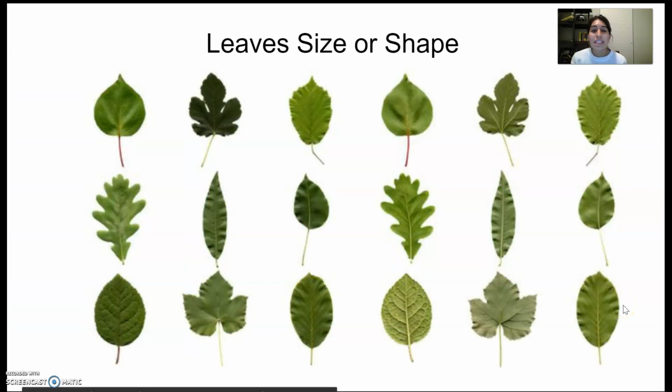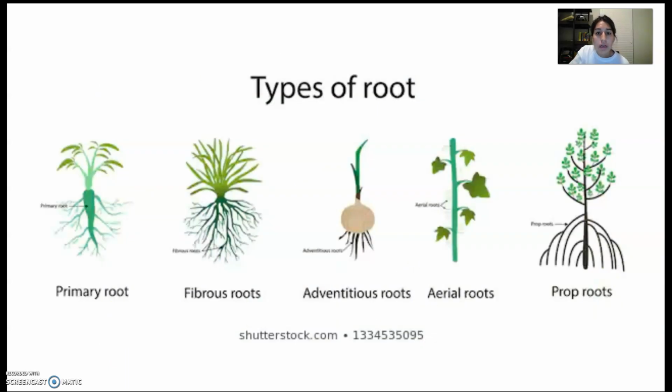Another thing is the leaves, the size or the shape. Those are inherited. Depending on the type of plant or flower it is depends on the type of leaf it's going to have. There are very many different kinds of leaves and their sizes and shapes. So here's just a variety of some. The types of roots. Roots are not all the same. Think about a tree compared to a plant.